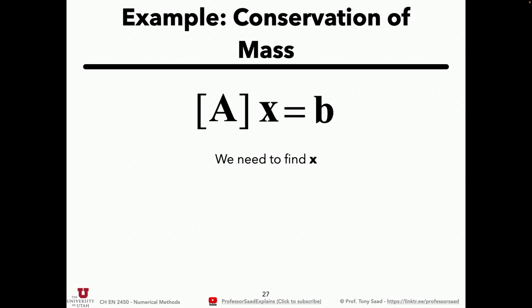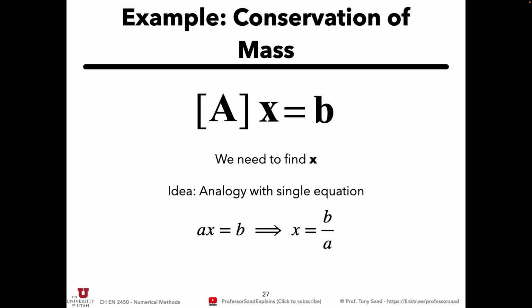So how do we find X? Here's an interesting analogy, while you're talking about Gaussian elimination and whatever. Bear with me for a second, and I hope this will be an interesting aha moment for you. Here's an analogy with a single equation. If you had AX equal B as a single scalar equation, 3x equal 5, you'd say X is B over A, or 5 over 3.